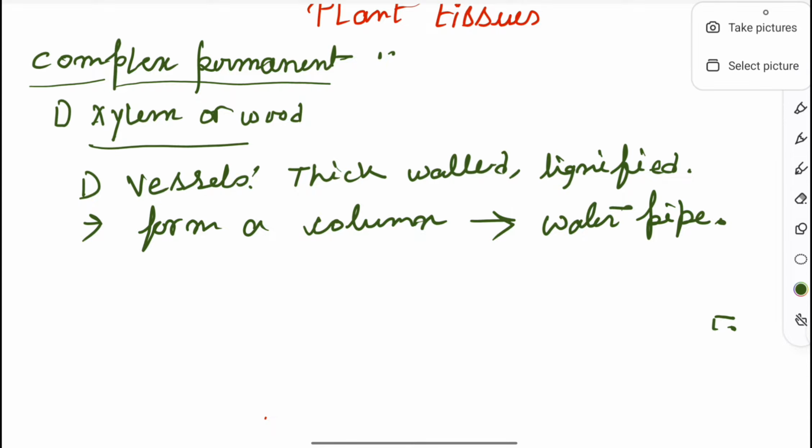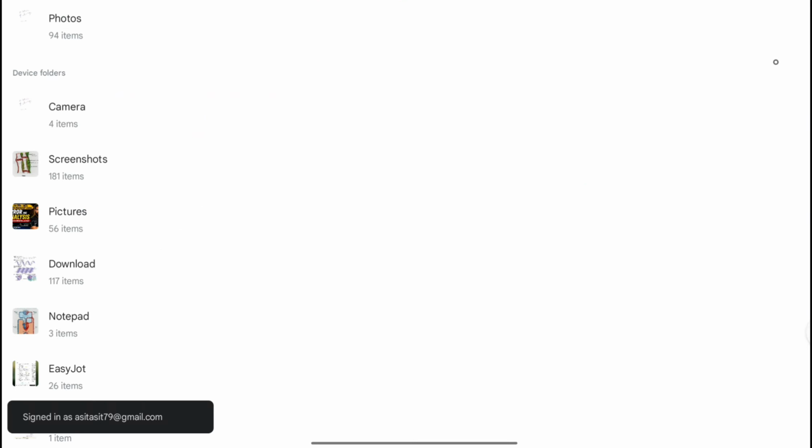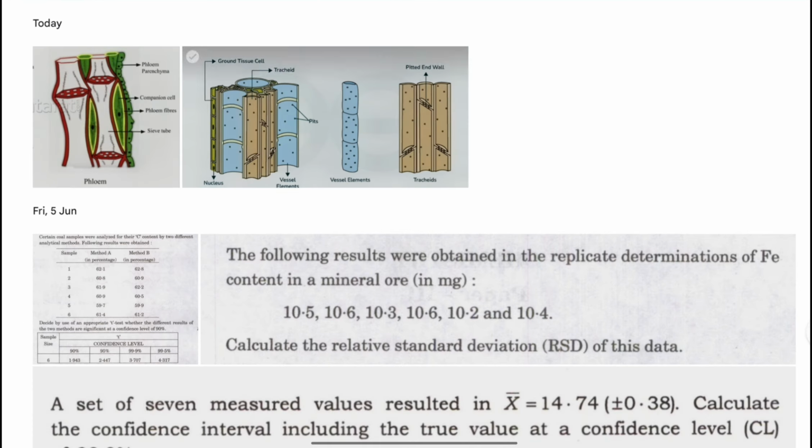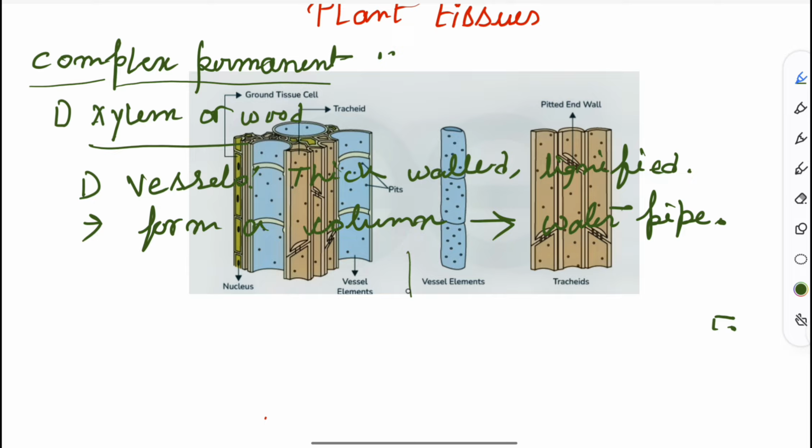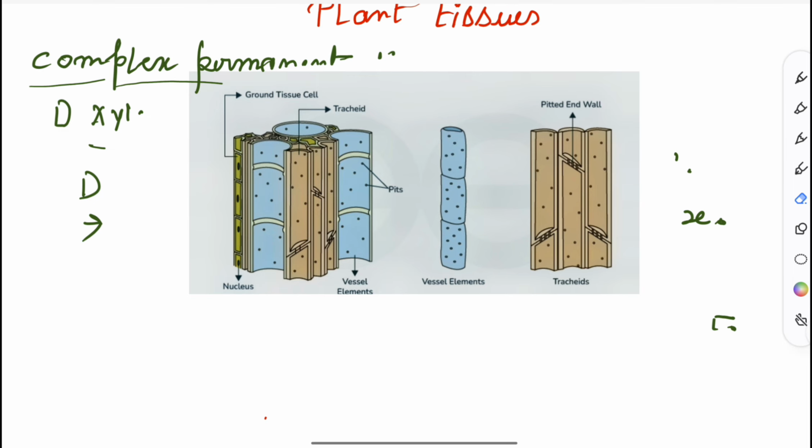I am going to show you a diagram regarding this. In this diagram we can very easily see the vessel, or the trachea, and this brown portion is the tracheid.